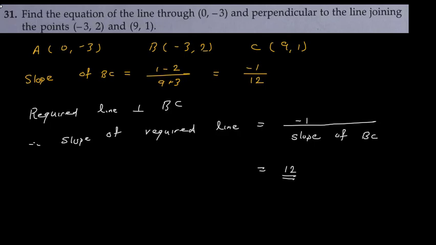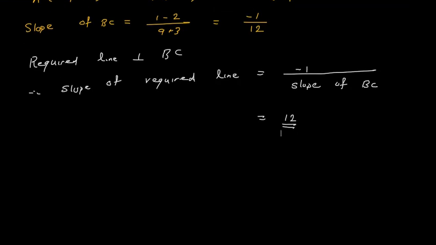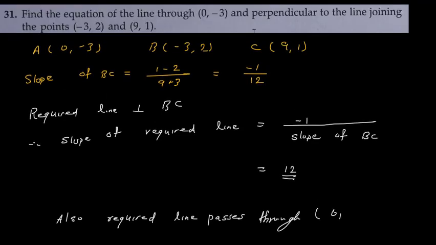This is slope of required line, and line BC passes through A (0, -3). Also required line passes through (0, -3).